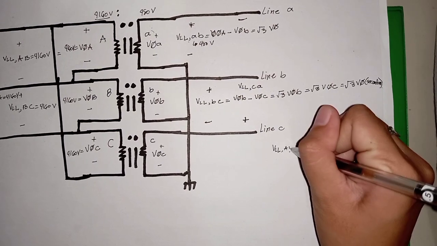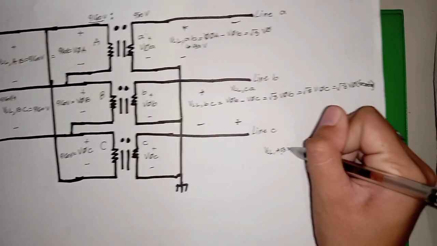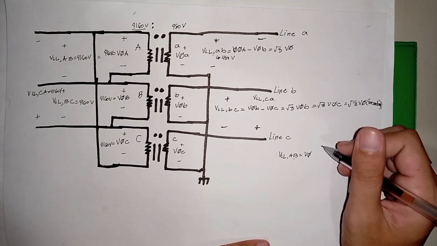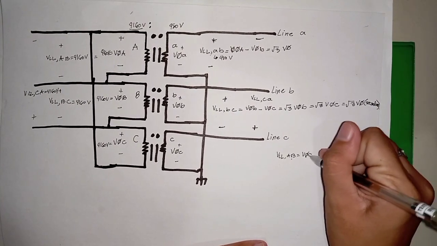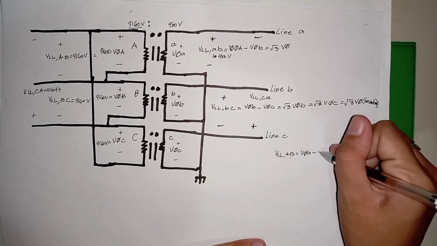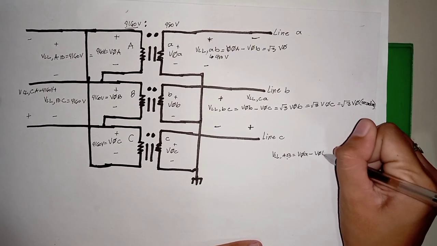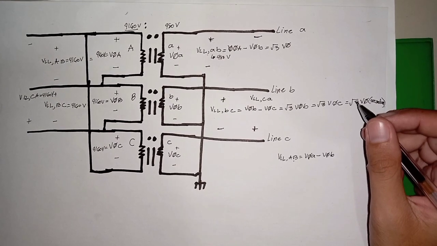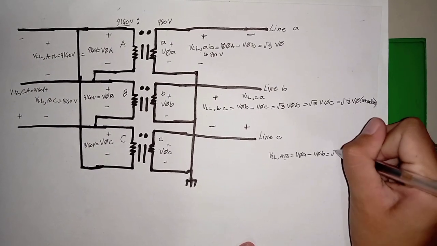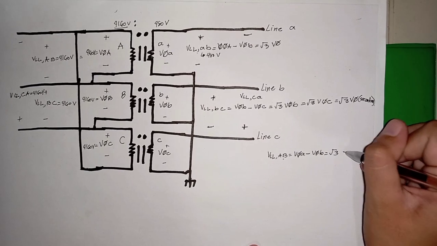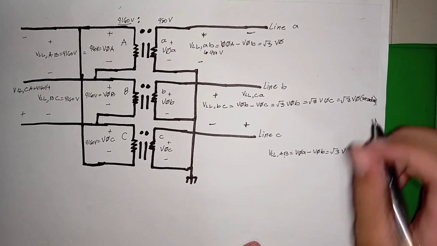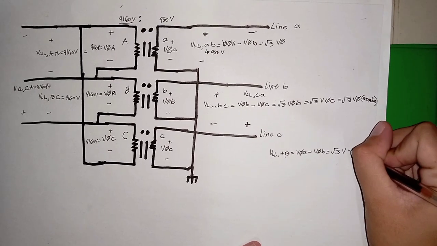So line A to line B is equal to phase A voltage minus phase B voltage, which is equal to the square root of 3 times any phase voltage.